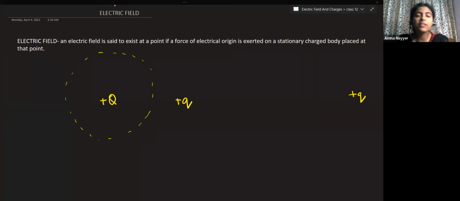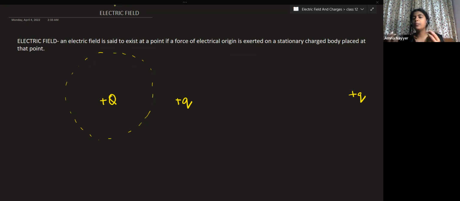So an electric field is said to exist at a point if a force of electrical origin is exerted on a stationary charge placed at that point. So this plus q is the stationary charge. Now it has certain electrical properties, a certain electrical environment around it.